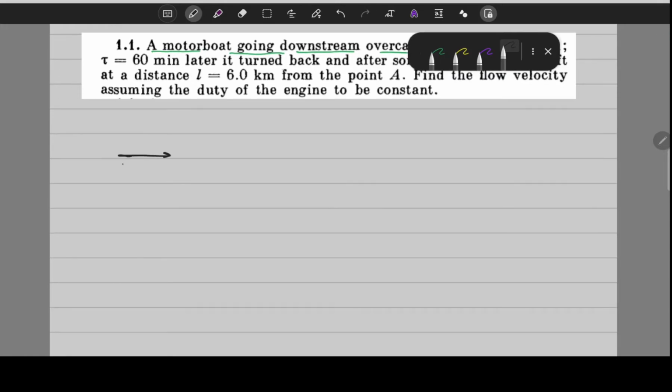So for example, if we are having the fluid flow, and if the object is moving in the same direction of the fluid flow, then we can say it is going in the downstream direction. So this is the downstream direction, that is along the fluid flow.